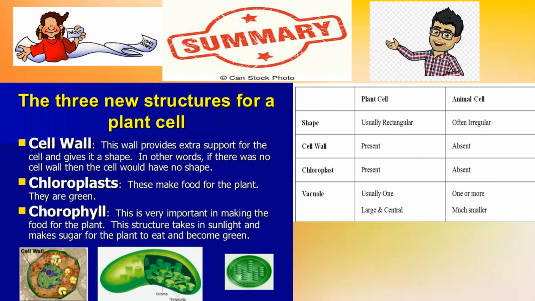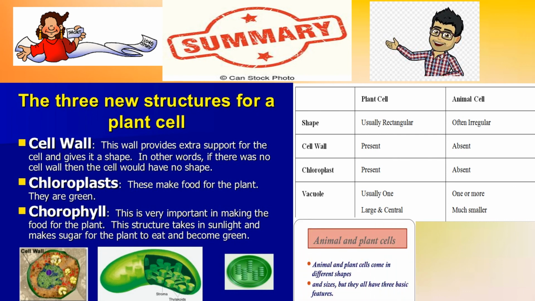Cell wall: present in plant cells, absent in animal cells. Chloroplast: yes, plant cells have it. Because of chloroplasts, plant cells are green in color. But animal cells don't have chloroplasts. Vacuole: plant cells have a permanent vacuole, but animal cells don't.